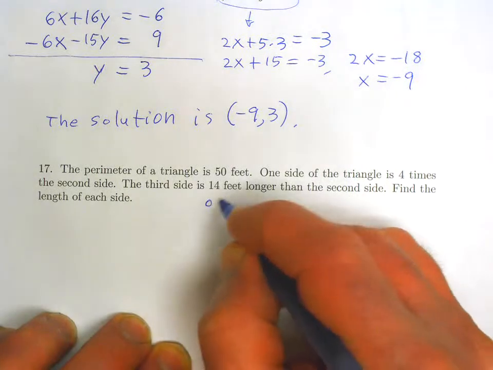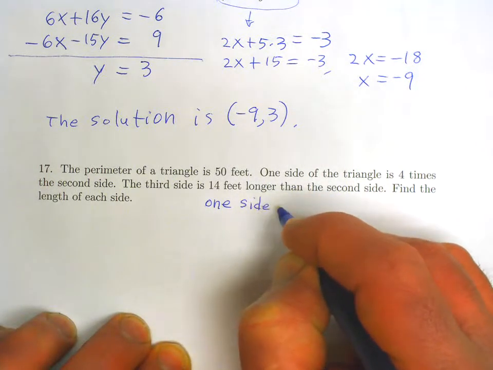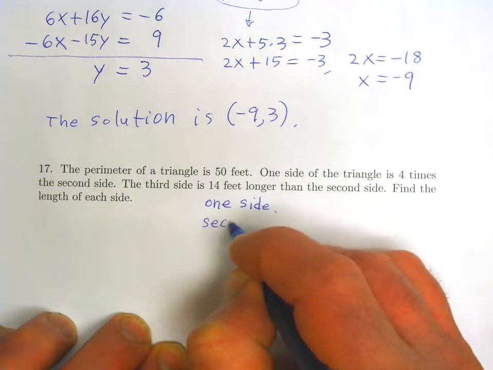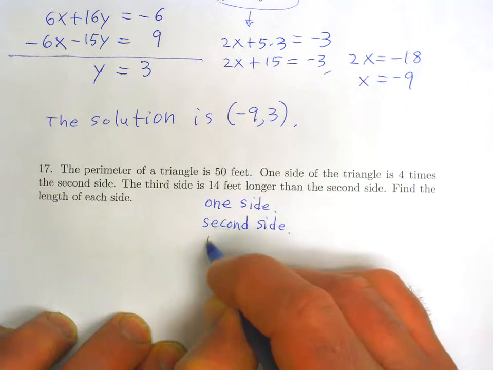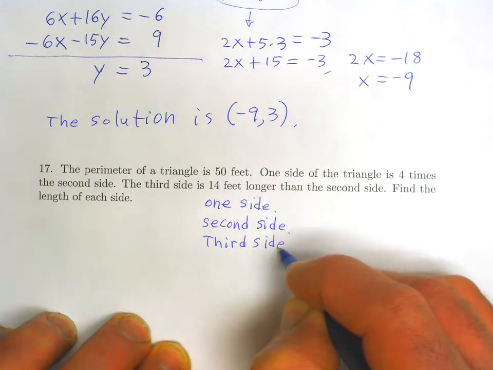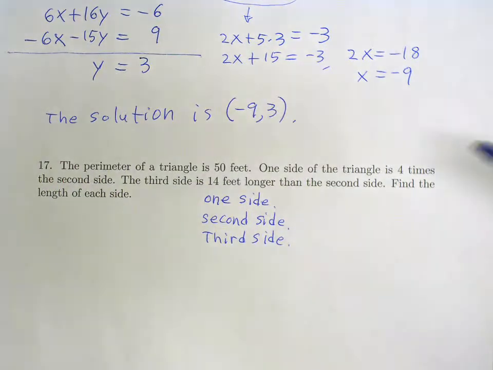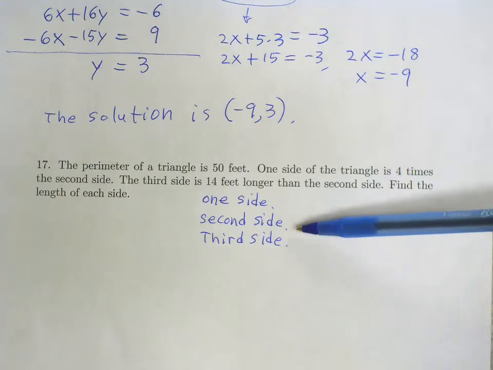Okay, so there are 3 sides described. One side, second side, and third side. Well, one side and the third side are described in terms of the second side.